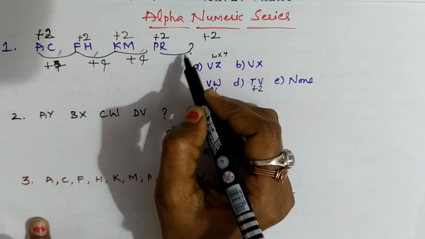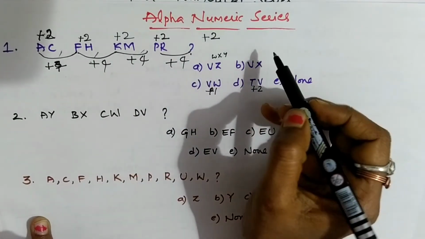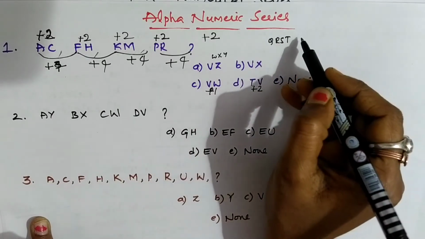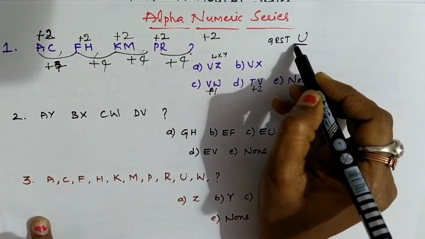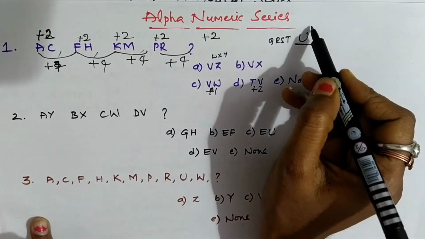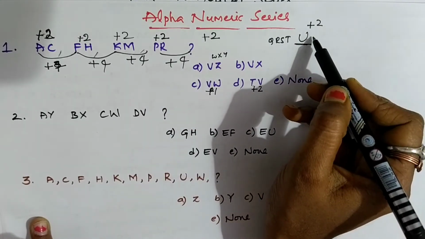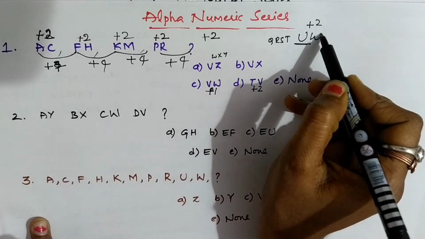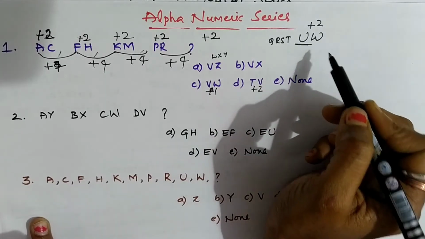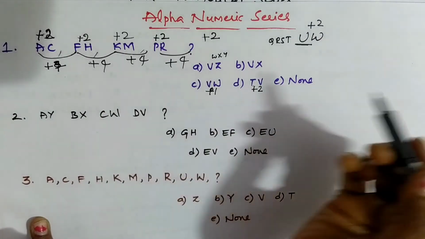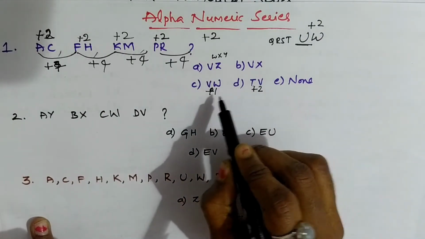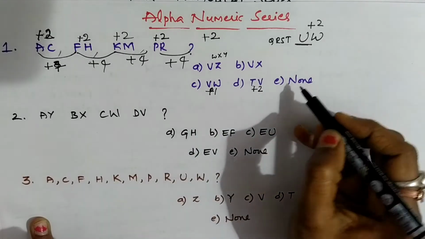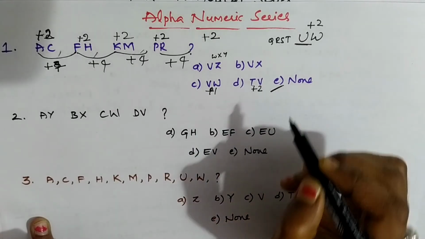Next letter will be at difference +4: P, Q, R, S, T, next letter will be U. Then +2, V, W. UW is the answer for this question. Here VW is there, so none of these is the correct answer.